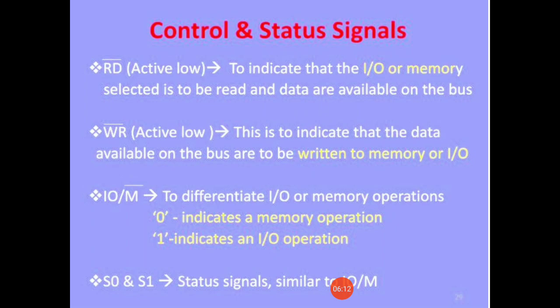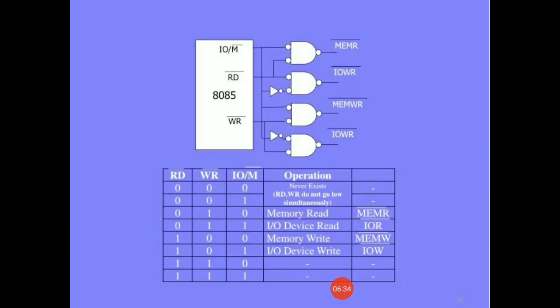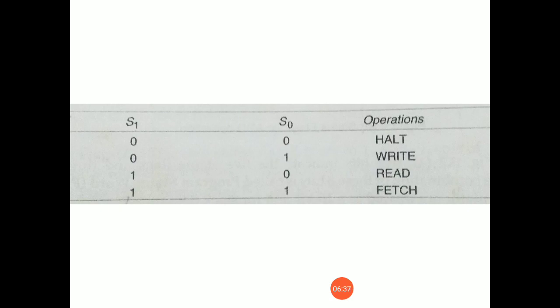The next set of pins is S0 and S1. These are status signals sent by the microprocessor to distinguish various types of operation, or to indicate the type of machine cycle which is in progress. Here are the various combinations of S0 and S1. If S0 and S1 are both 0, the microprocessor is in halt state.